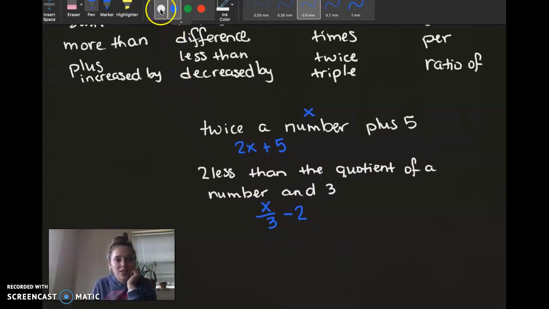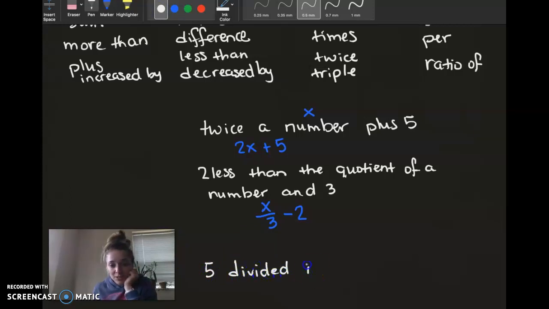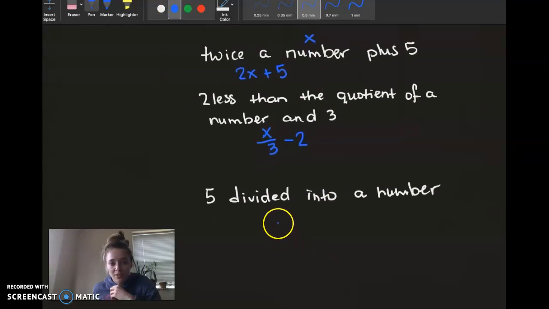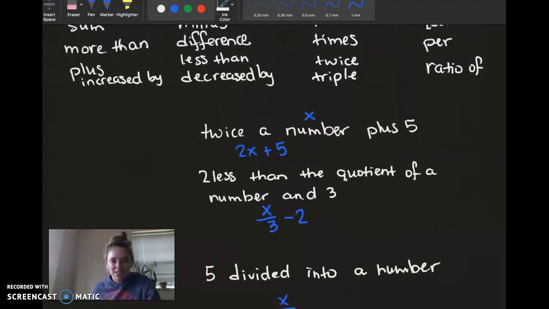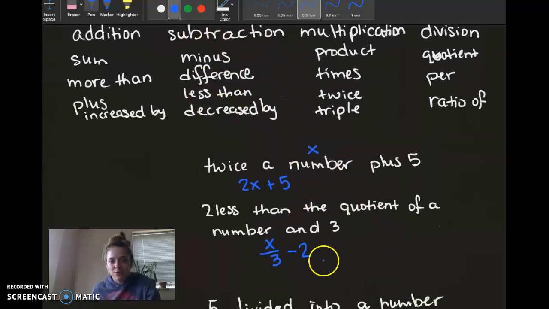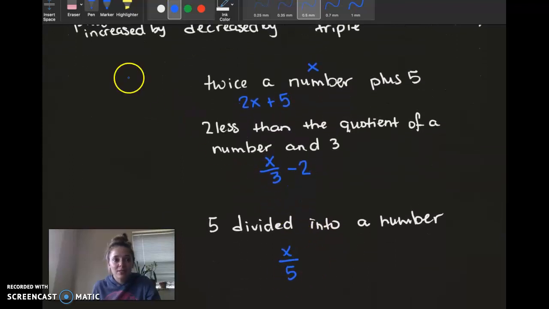So if you said something like 5 divided into a number, that would be the number divided by 5. That's kind of a weird way of saying it though, but it's possible to see it that way. So hopefully that makes sense, how you can throw these words into different phrases to write expressions.